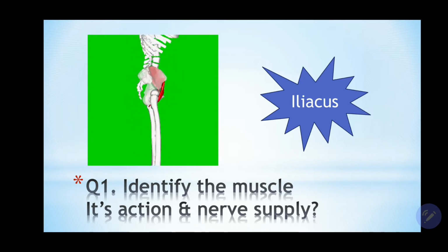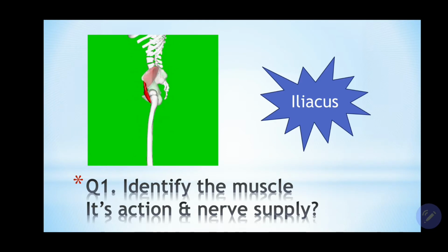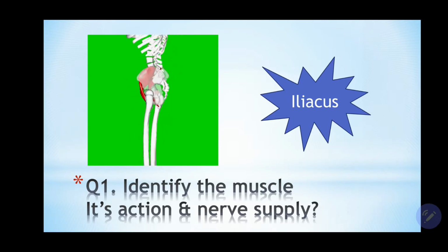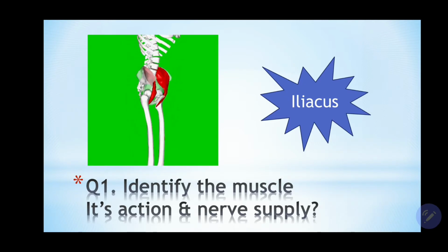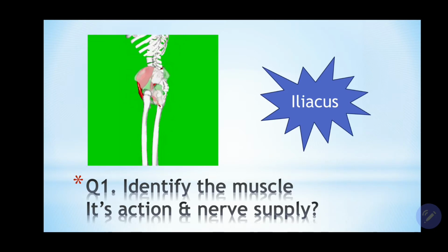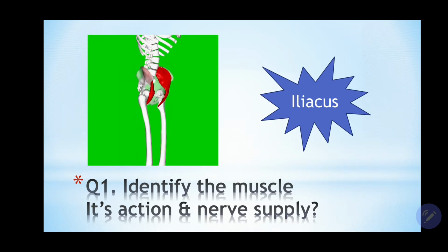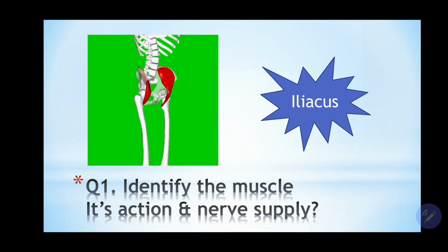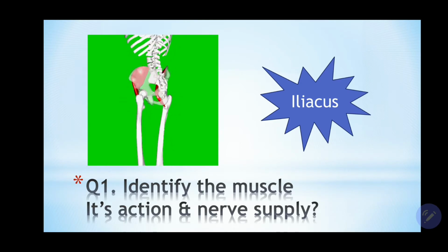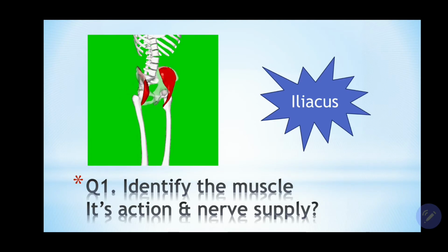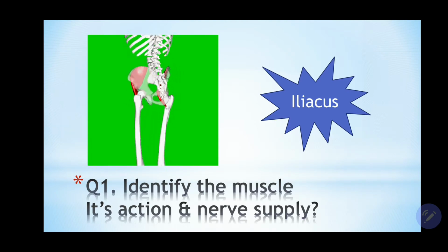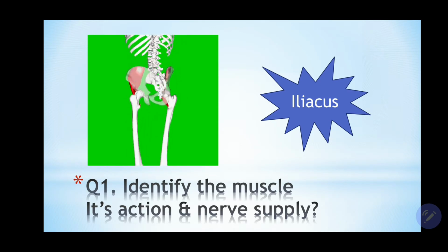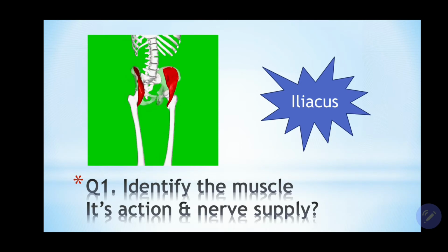Then you can see that the fibers of iliacus descend downwards anterior to the joint, pass below the inguinal ligament and form the floor of the femoral triangle laterally, and then it inserts onto the lesser trochanter of the femur anterolaterally. This insertion is more lateral than that of the other muscle inserting here, psoas major, and even reaches down around 2.5 centimeters below the lesser trochanter.